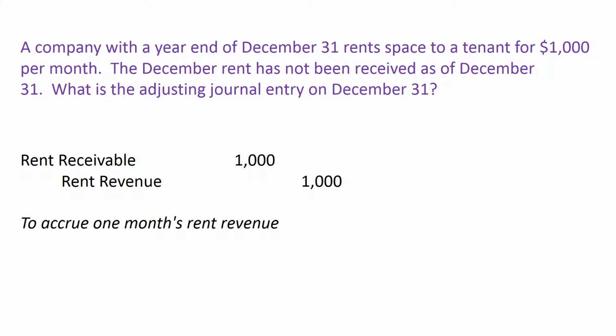Because 1 month's rent revenue of $1,000 has accrued, the adjusting journal entry on December 31st is debit rent receivable of $1,000, credit rent revenue for $1,000 to accrue 1 month's rent revenue. Even though December's rent of $1,000 has not been received, the company has still earned it because the tenant used the space during December.